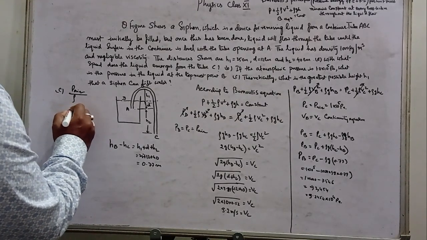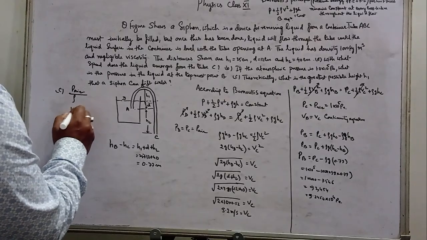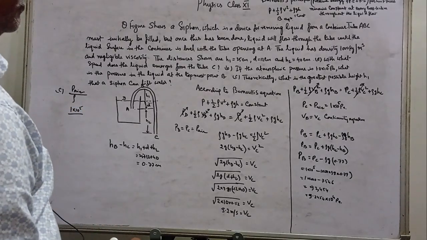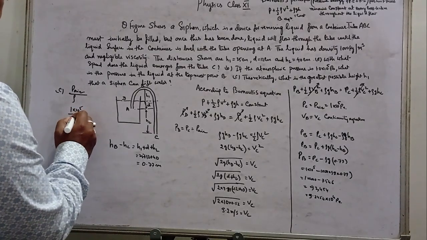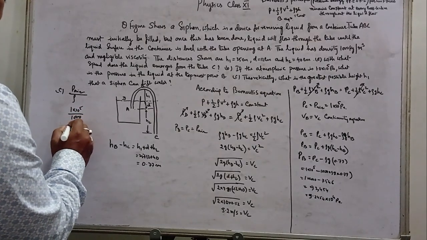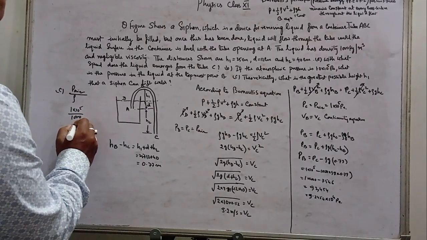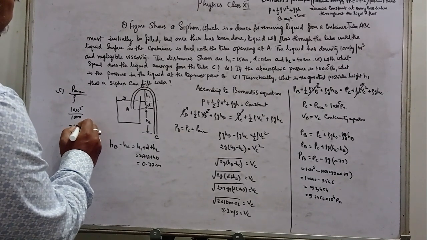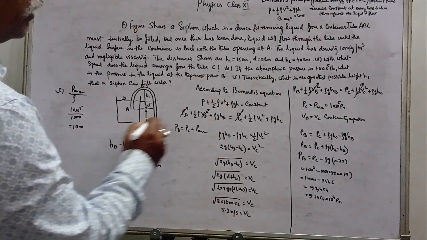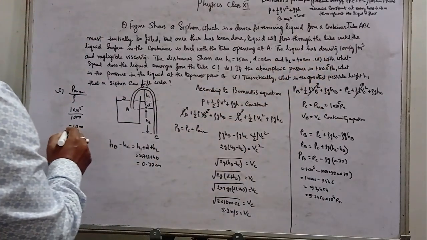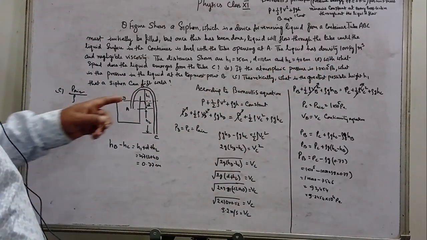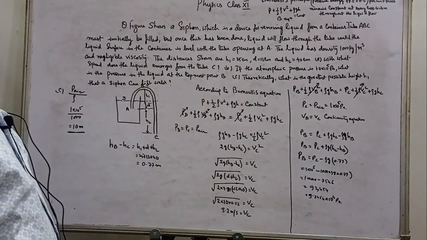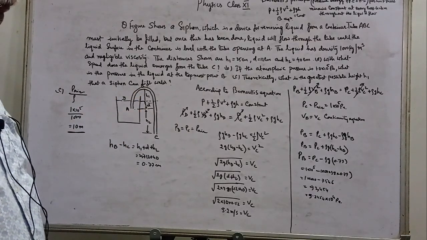So P air is 1 into 10 to the power of 5 Pascal, and the density is 1000. So it comes out to be 10, in meters, all units are meters. So h1 can rise a maximum of 10 meter.